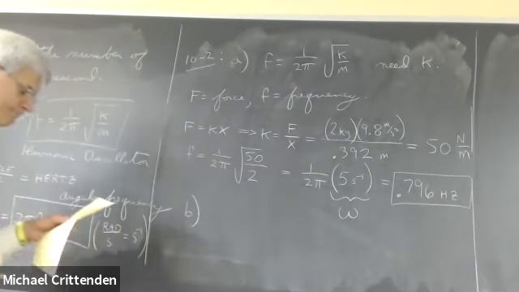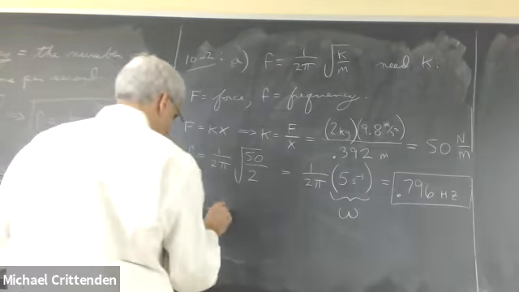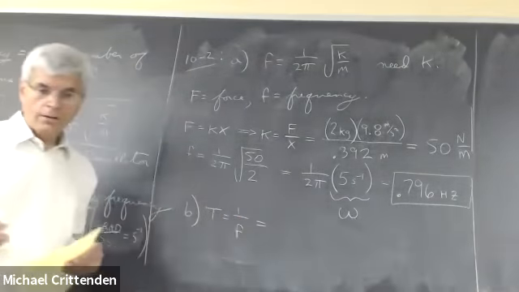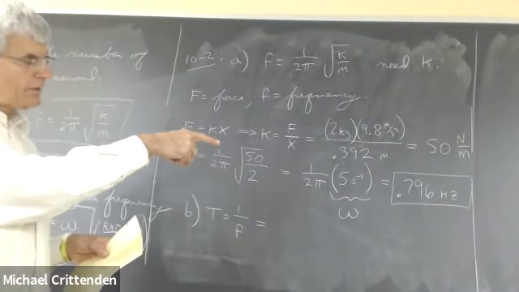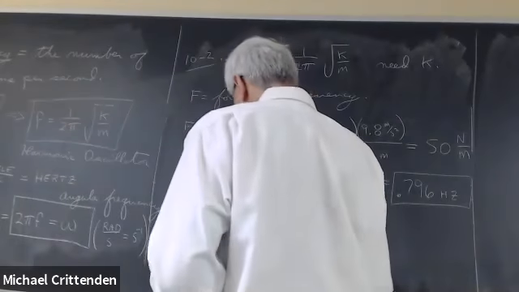Part B asks for the period. Period is the reciprocal of the frequency. So while that's still on your calculator, you just push the 1 over x button.